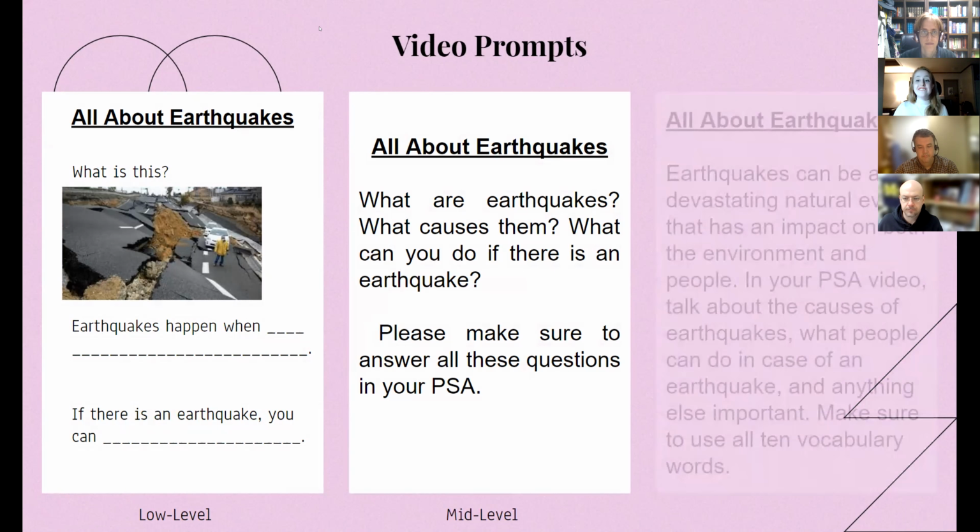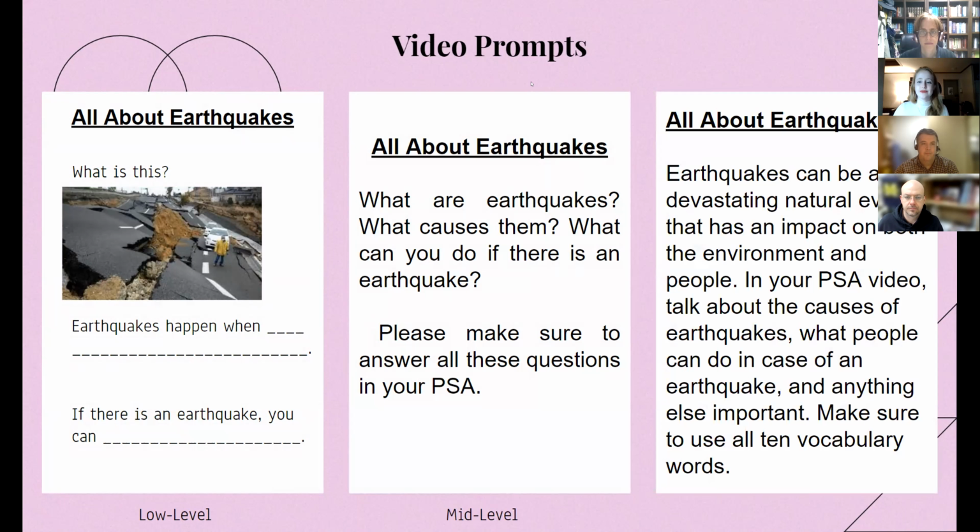And for my advanced level students, I have written them a mini essay. Earthquakes can be a devastating natural event that has an impact on both the environment and people. So we can see, even in terms of language that I use, this prompt is pretty different. Students need to know words like devastating, impact, environment, which can be quite advanced vocabulary terms.